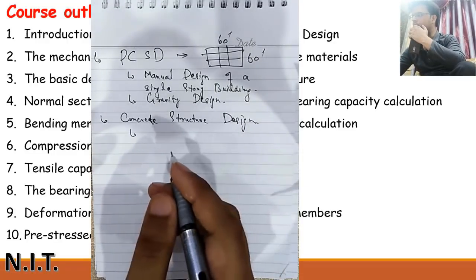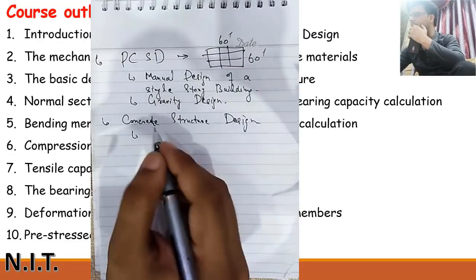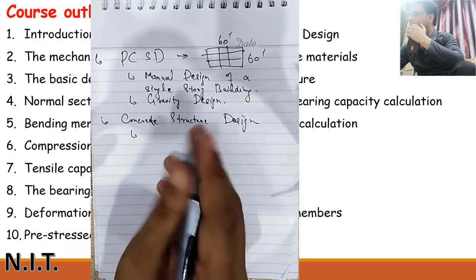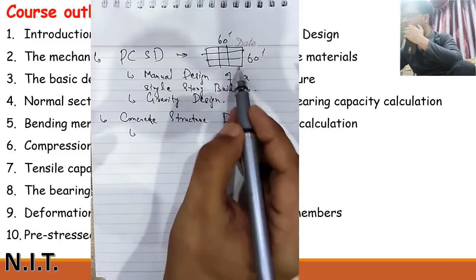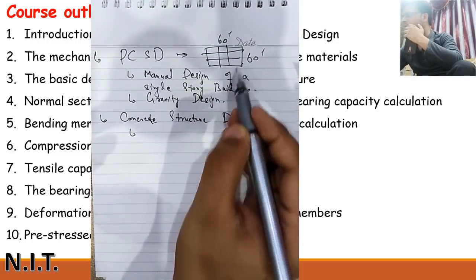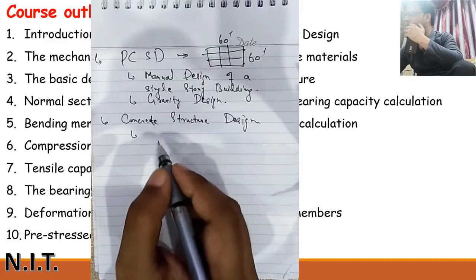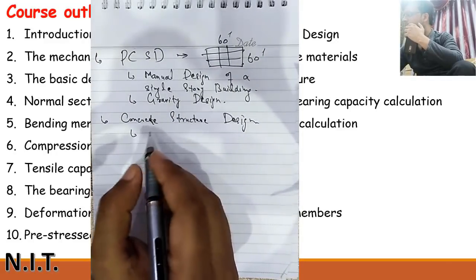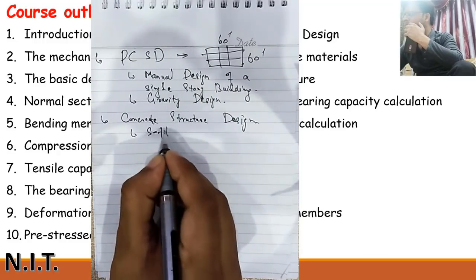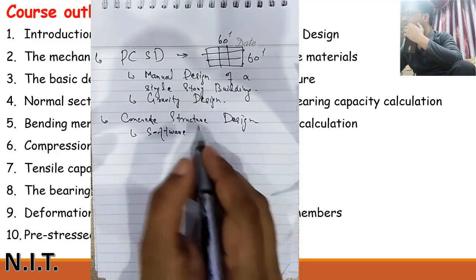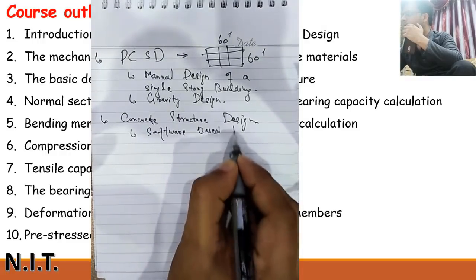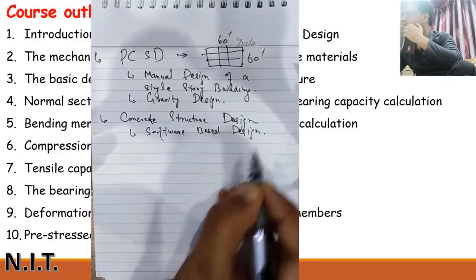But in the next course, which we will study in the coming semester, that course is about the same kind of project which I am assigning you in this course. The same project will be designed in the next semester, but in the next semester you will study the same design on software based design.